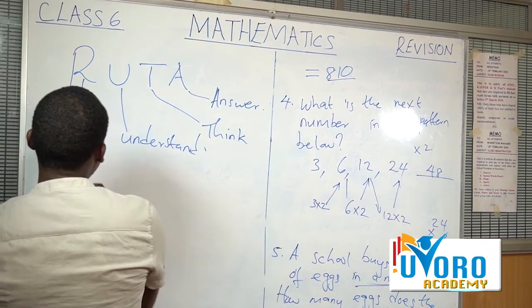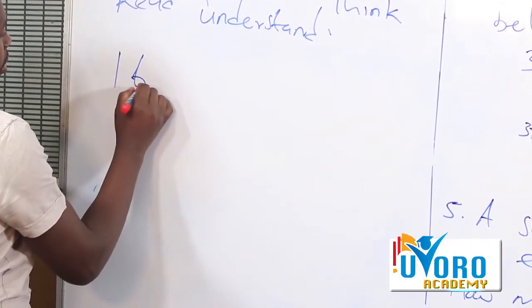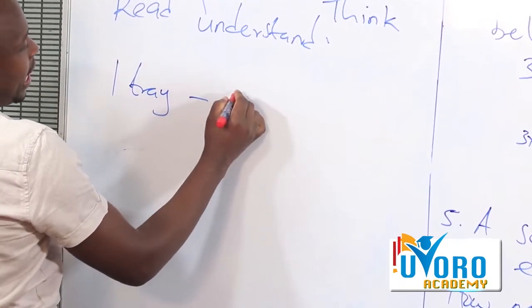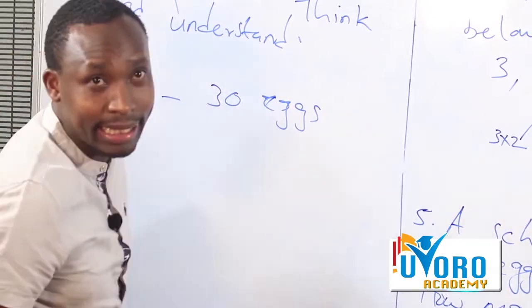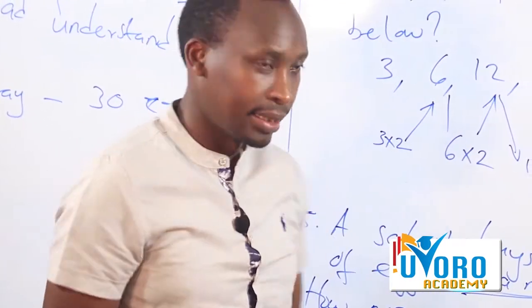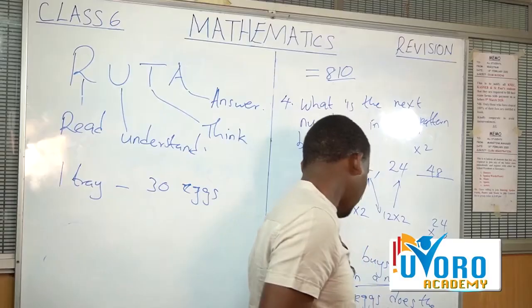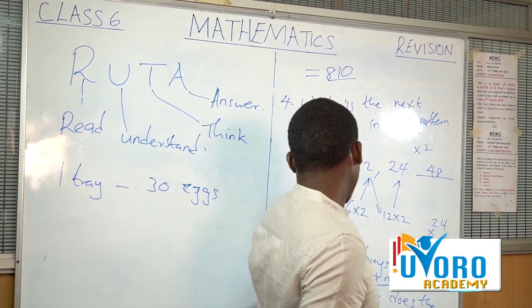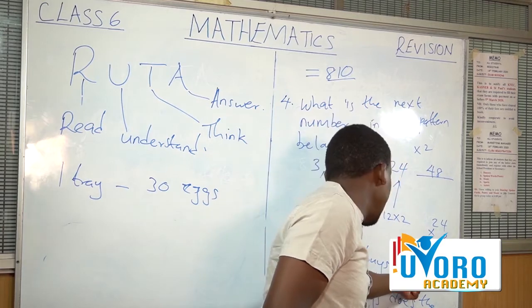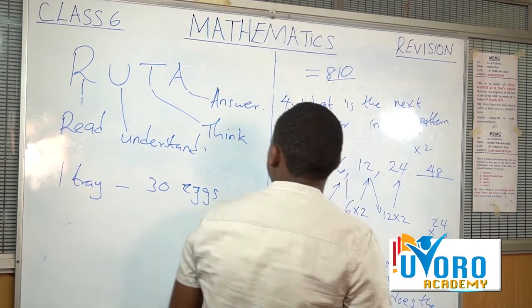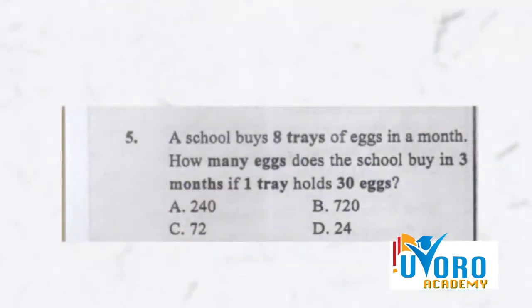Now, one tray has how many eggs? 30 eggs. One tray has 30 eggs. A school for 1 month buys how many? 8 trays. So what are you supposed to do?